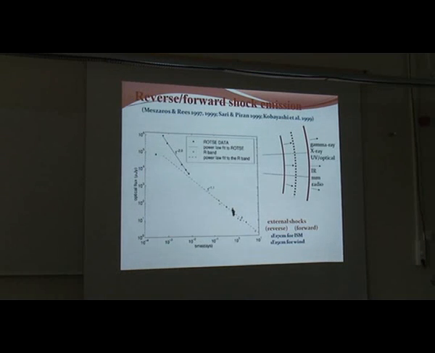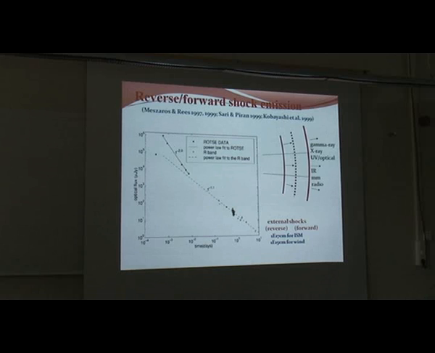In the early phase of the interaction between the fireball and the medium, two shocks are formed. One is an ultra-relativistic forward shock, the other is a sub-relativistic reverse shock. Usually the forward shock peaks in the soft X-ray band, while the reverse shock peaks in the infrared band.